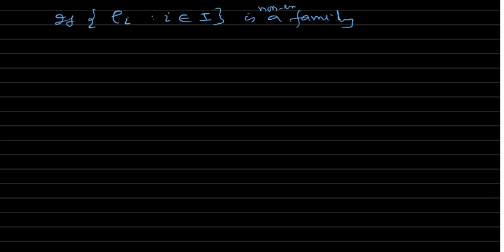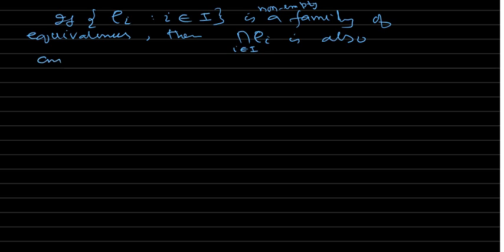You must write non-empty family. If it is a non-empty family of equivalences, then the intersection of rho i's, i in the index set I, is also an equivalence. This is very simple to verify. So you verify this.